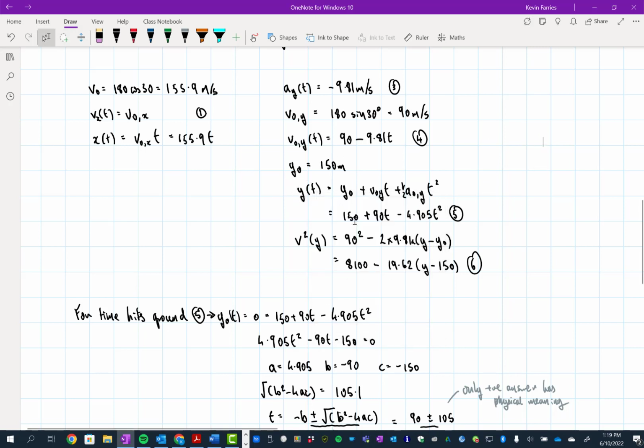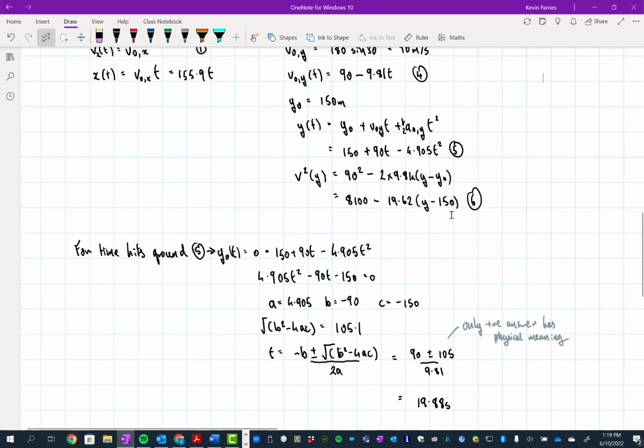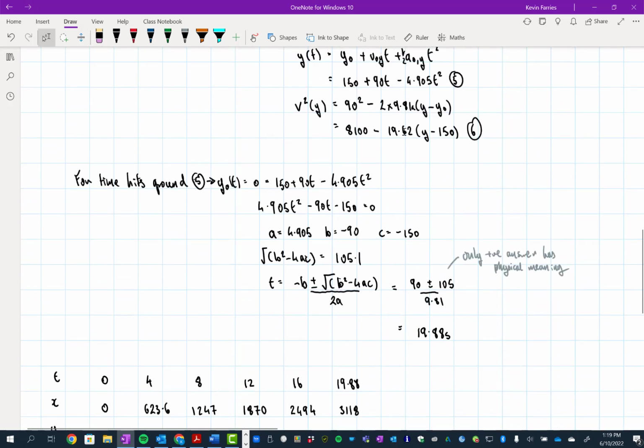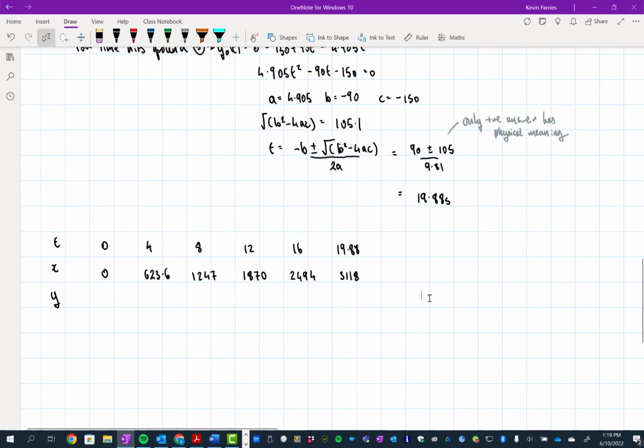So the y coordinate at time t is given by this equation 5. Just copy this down probably. And I might do the same for the x coordinate in just a moment. I'll put that in grey just so we know where these are coming from.